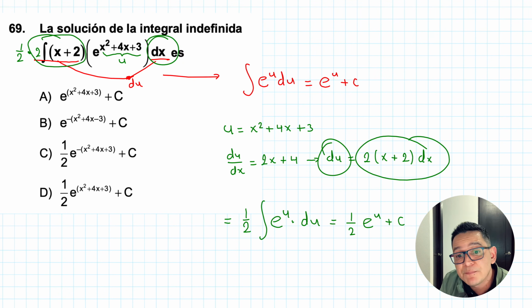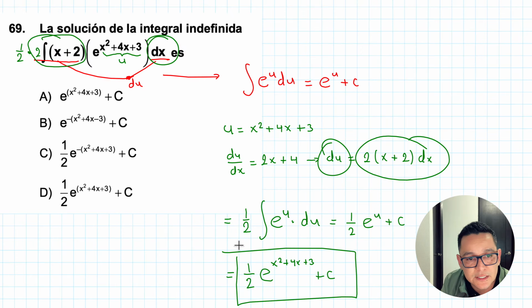That's it. We have the solution to the integral. Finally, I just go back to my original variable, which was x, right? So I get 1/2 of e to the u plus c, where u is x squared plus 4x plus 3. So I go back to x squared plus 4x plus 3, and finally, plus a constant, and that will be the solution.